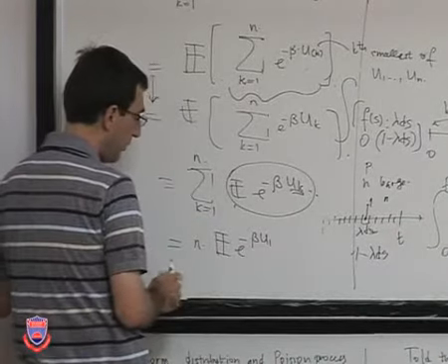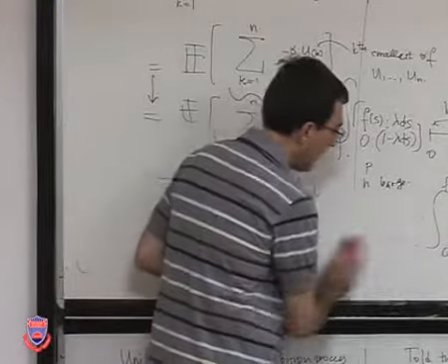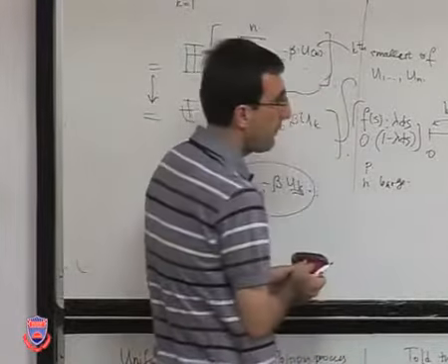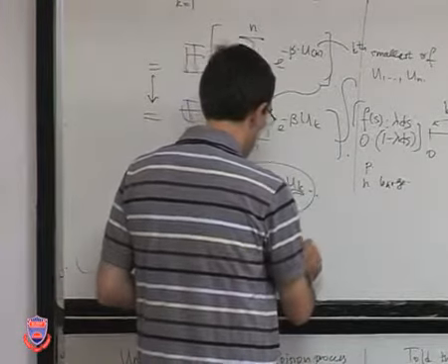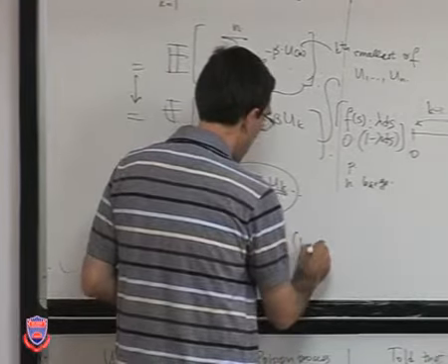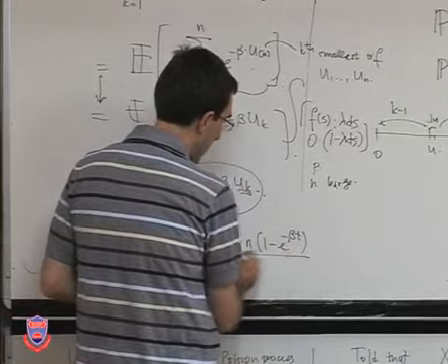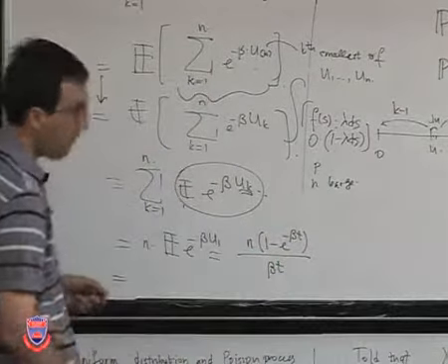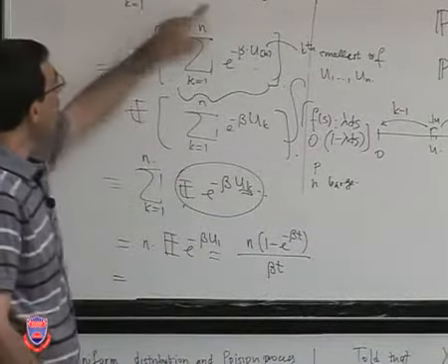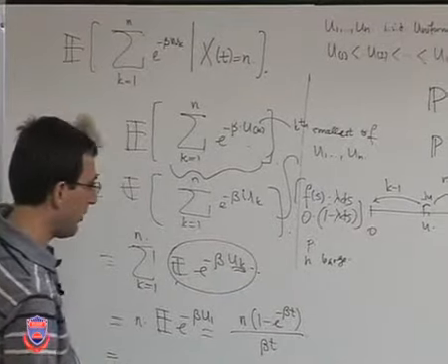So this equals n times 1 minus e to the minus beta t divided by beta t. Now we know what this quantity is, this conditional probability.